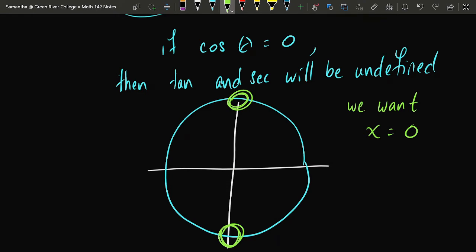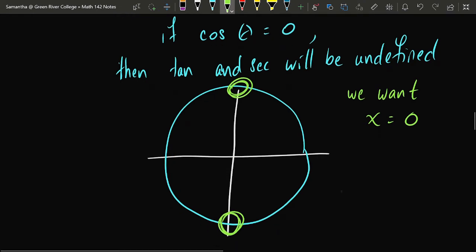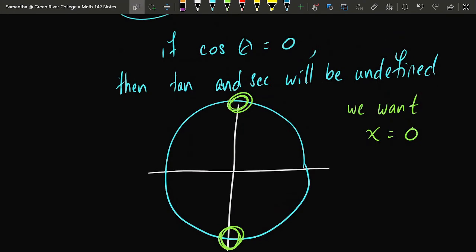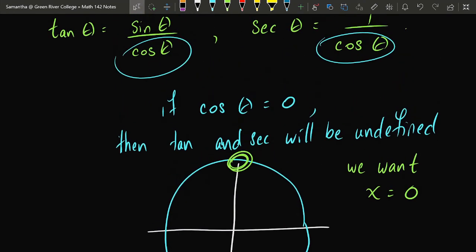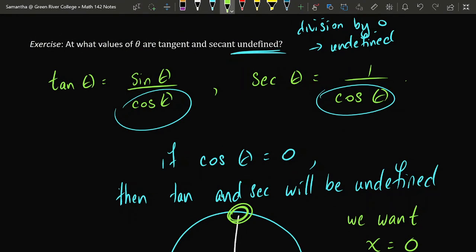So let's try and figure out which angles might point to these 2 locations. If the angle points to one of these 2 locations, then cosine will be 0 at such a location, and that will cause us to divide by 0 in the formulas for tan and secant, which will cause those 2 functions to be undefined.